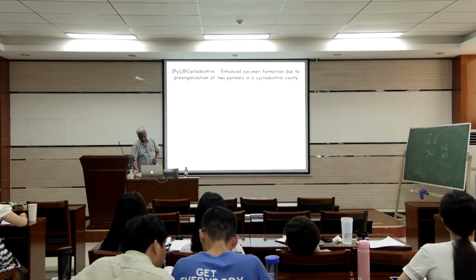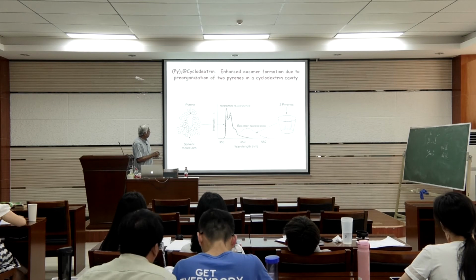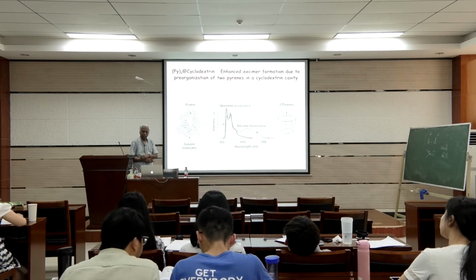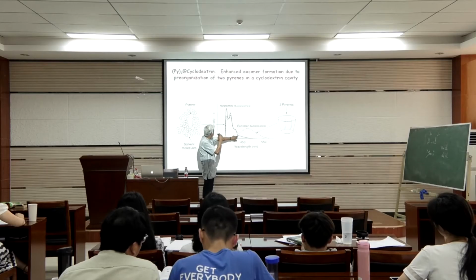So again, here you take this picture. This is, for example, the pyrene in some organic solvents, at a concentration like a micromolar or less, you see only fluorescence here. That is the emission that you see for this.